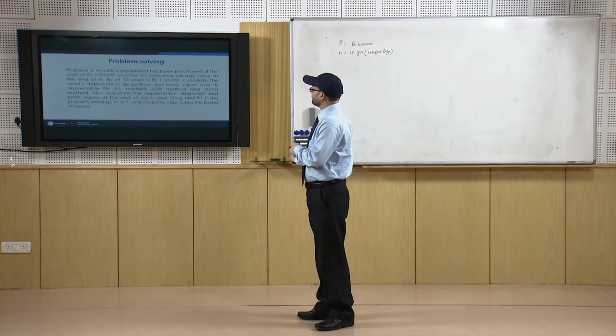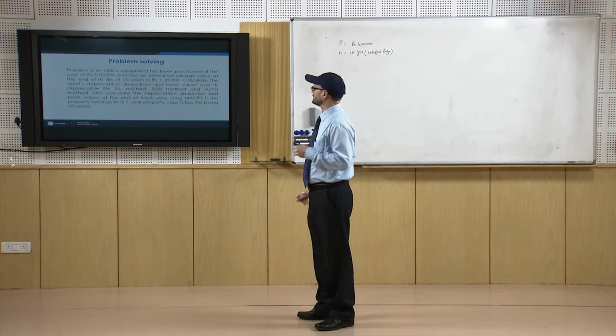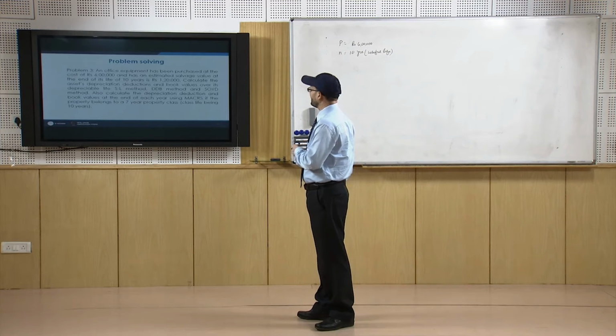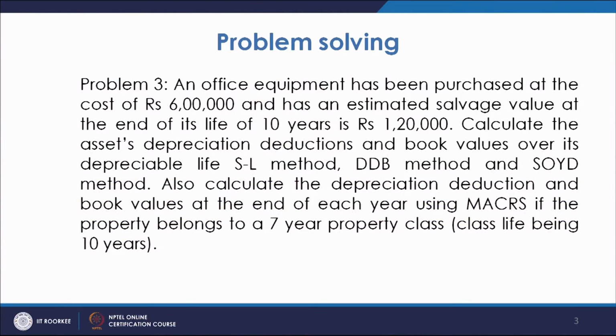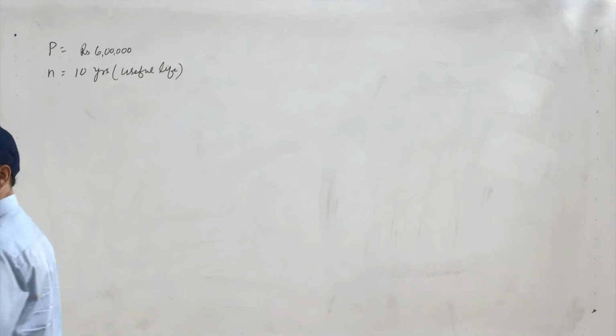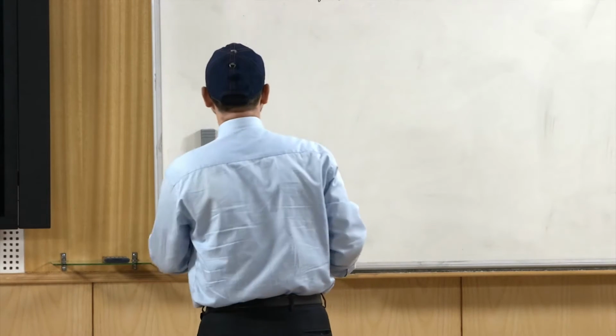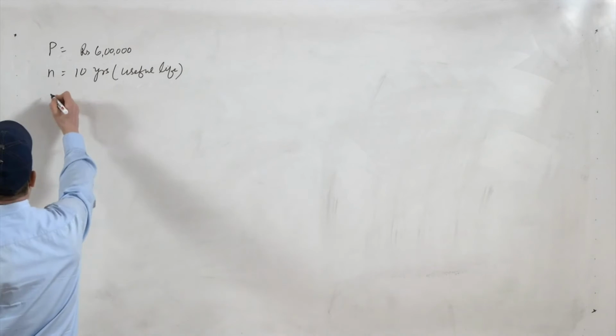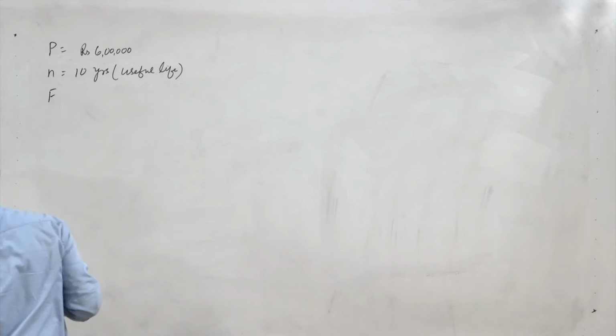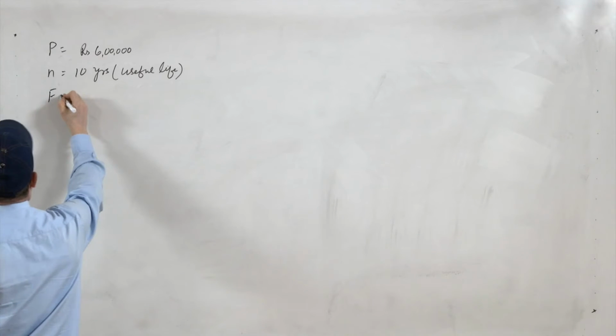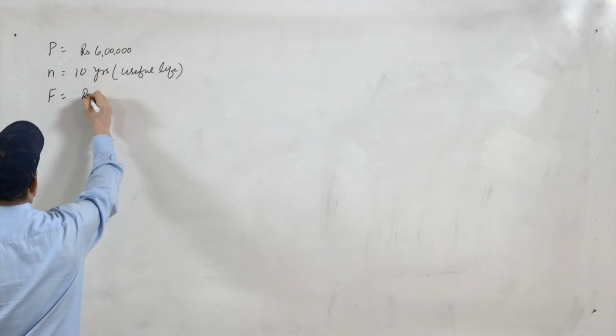This life will be used for the 3 methods, straight line, declining balance and SOYD methods. However, it is a 7-year property class. So, MACRS will use the 7-year property class and based on that the calculations will be carried out. Salvage value at the end of 10 years is 1,20,000.